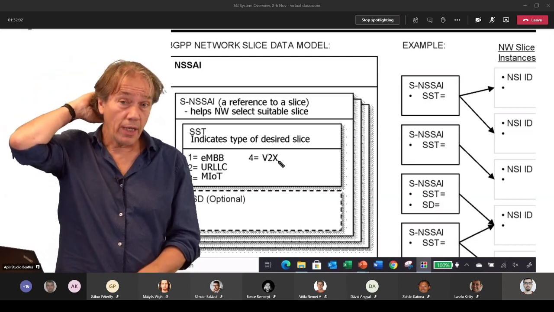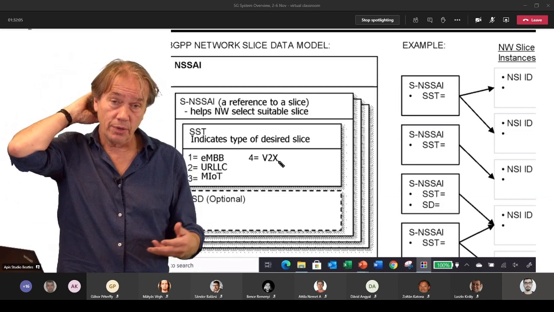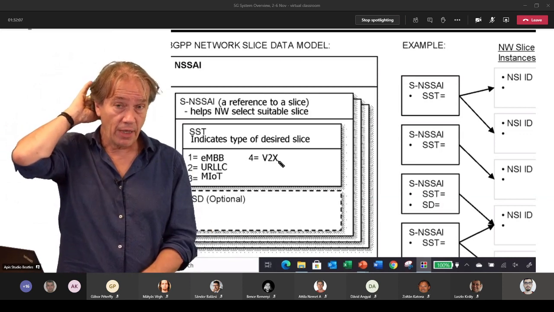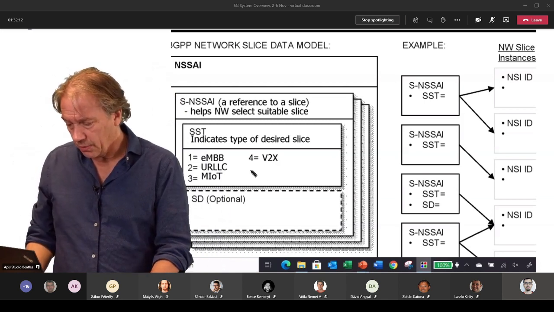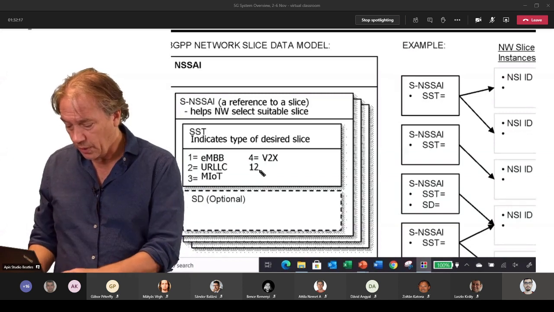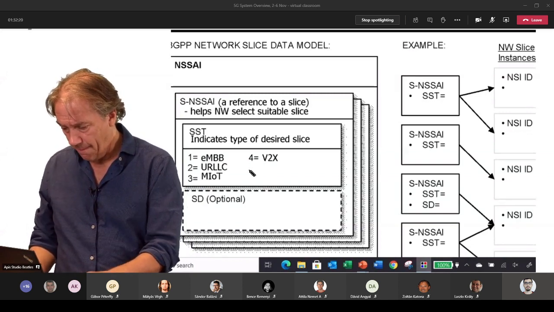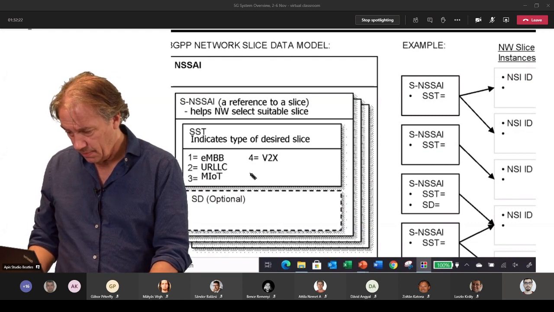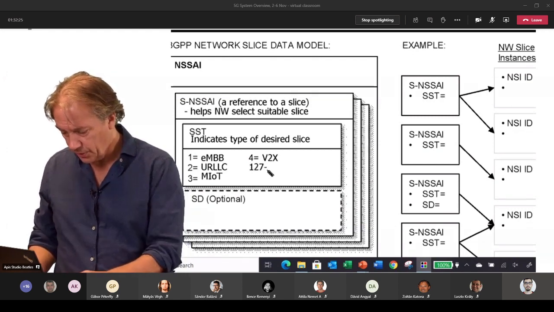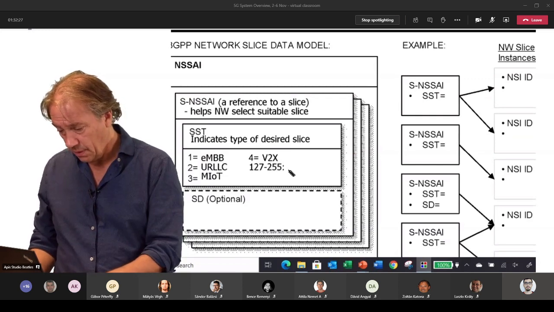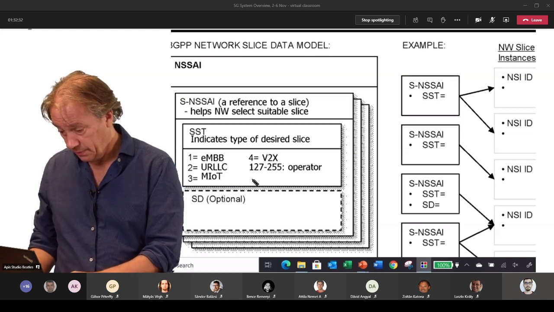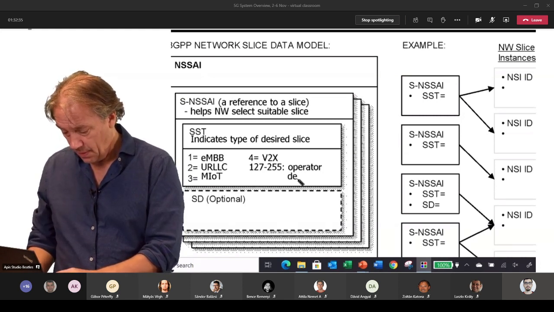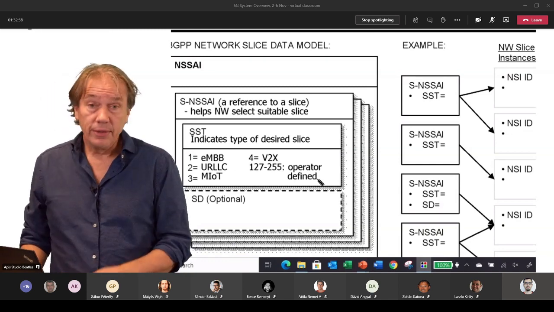Then it's perfectly okay for an operator to use operator-specific SST values. So we can also write a comment that 127 to 255 are operator defined.